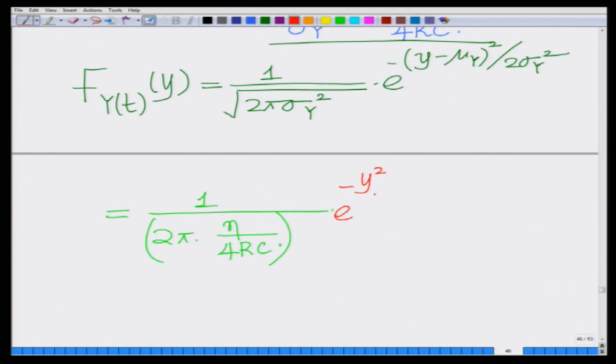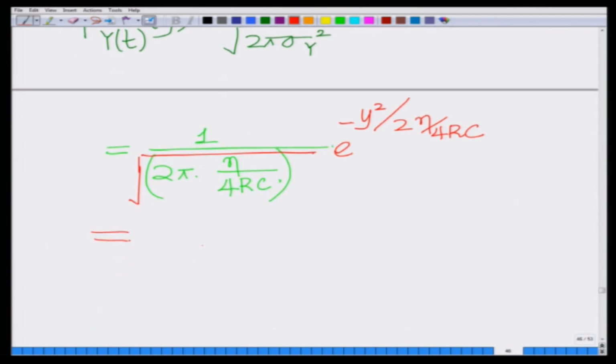So, substituting this, what I have is square root of 2RC over pi eta times e raised to minus 2RC y square divided by eta.